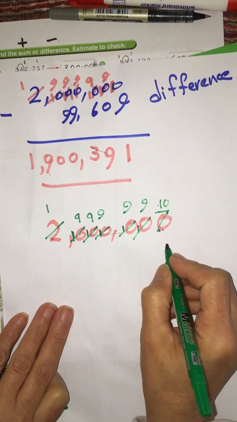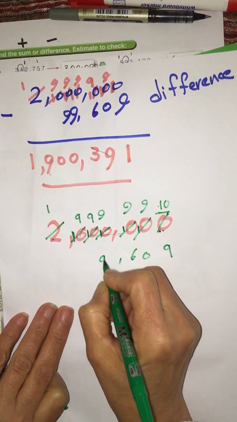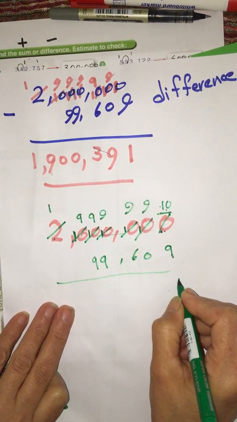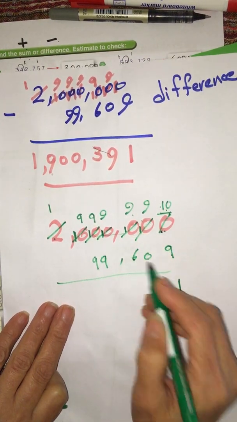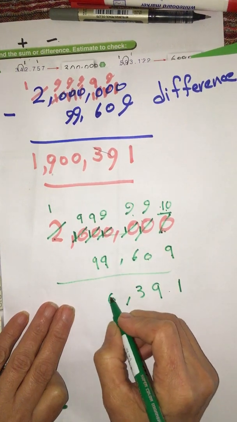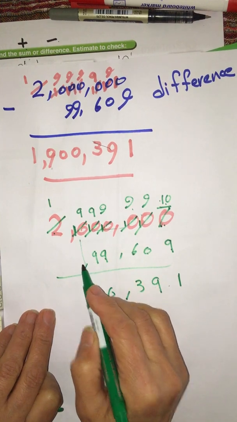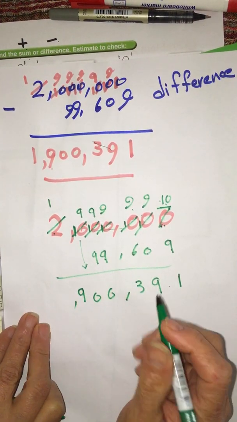Then you are going to subtract 99,609. Okay. 10 minus 9, 1. 9 minus 0, 9. 9 minus 6, 3, comma. 9 minus 9, 0. 9 minus 9, 0. This 9 will go down, comma.